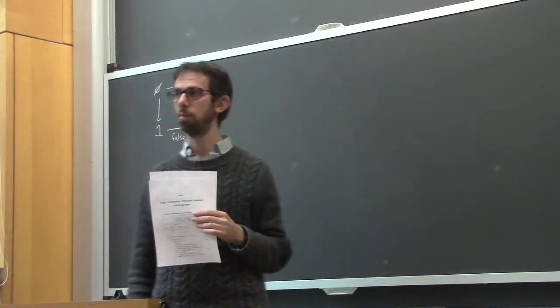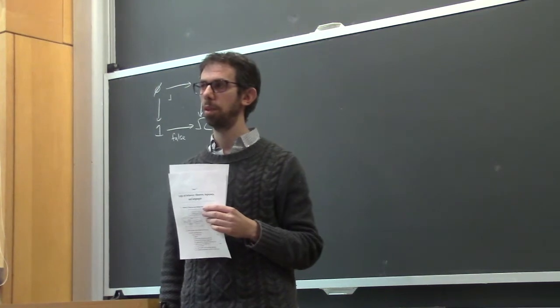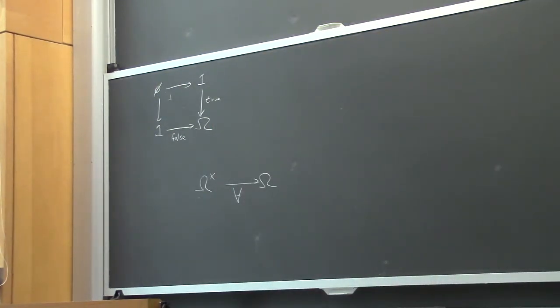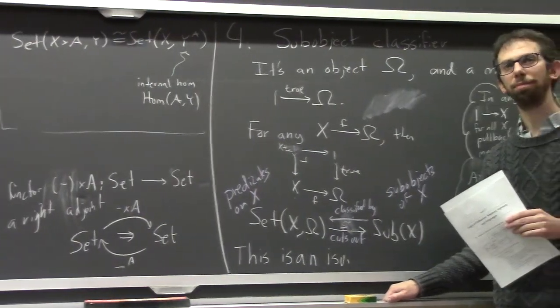Yeah? Would it be a stretch intuitively to say, with regard to the lower right-hand corner on the middle board, that in a way, set x omega is sort of a static categorical analogy to a trained neural network?